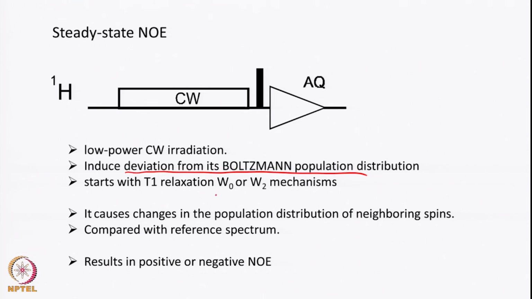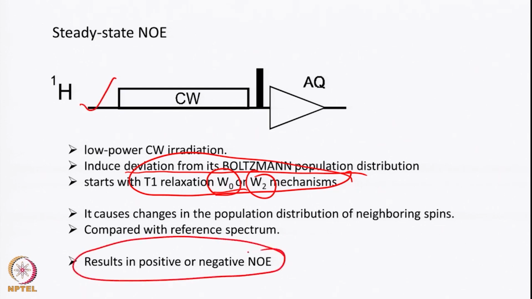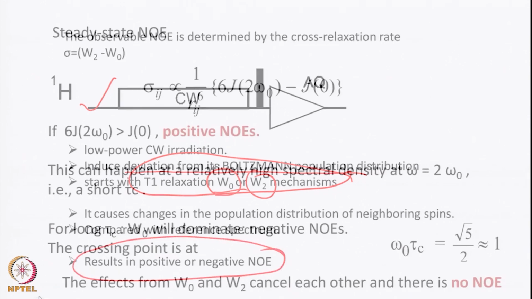That relaxation occurs through omega 0 and omega 2, and this happens because of T1 relaxation. T1 relaxation is the main cause of these two relaxation pathways, omega 0 and omega 2, and it causes a population change in the neighboring spin. That population change because of irradiation is compared with a reference spectrum, and then we get positive and negative NOE. This we have understood earlier as well.